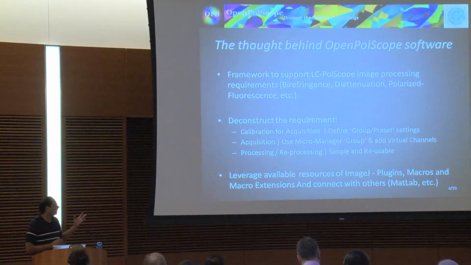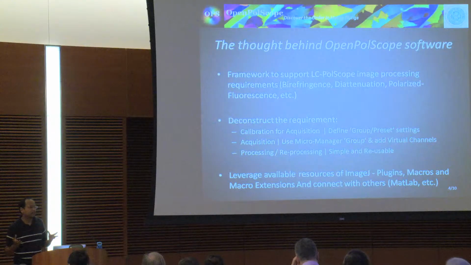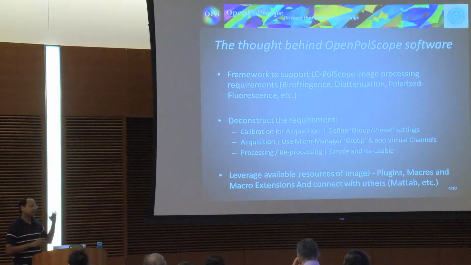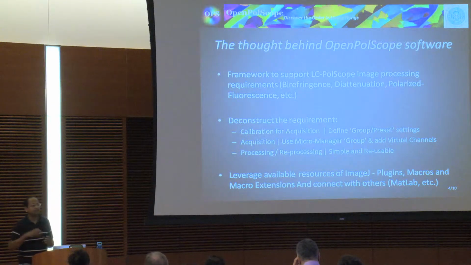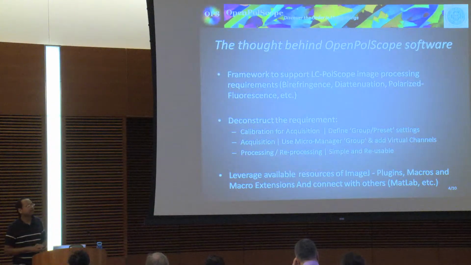Of course, we try to use most of Micro-Manager's features. Micro-Manager works with groups and presets, so if an LC device is being used, the plugin has to figure out a way to generate a group and populate the presets. But you can also use a device like a filter wheel. In a polarized fluorescence technique, we use a filter wheel to do the same thing an LC does.